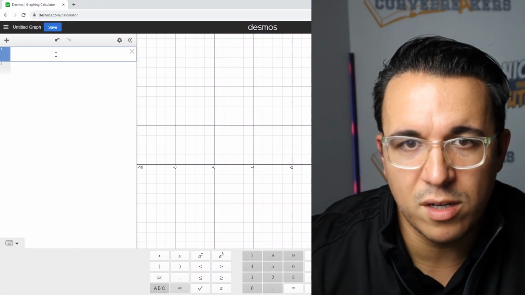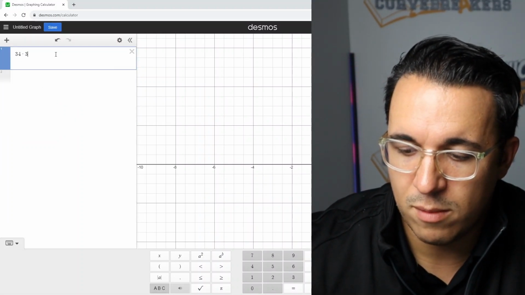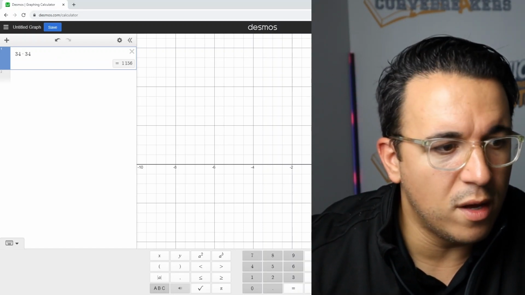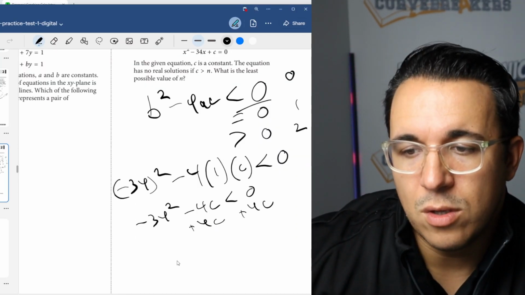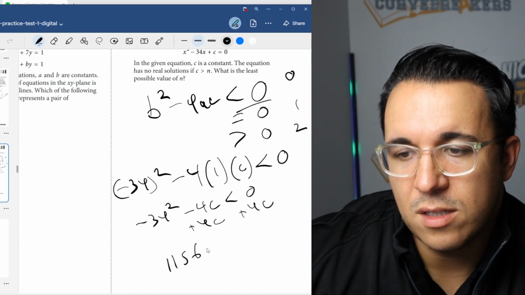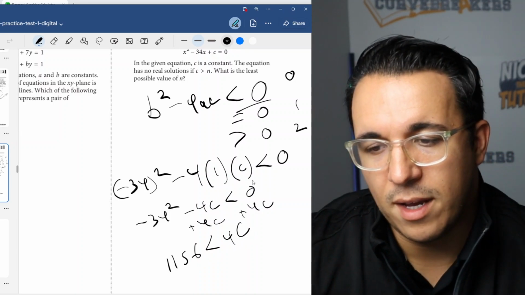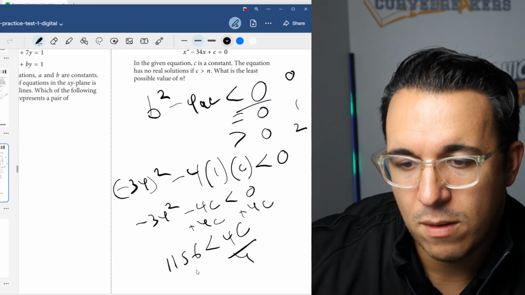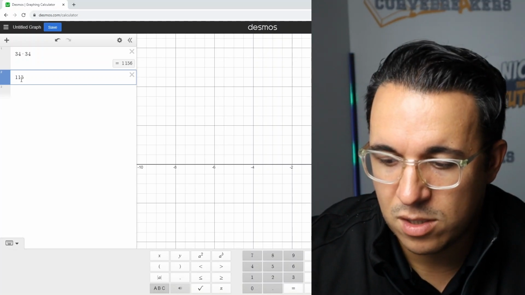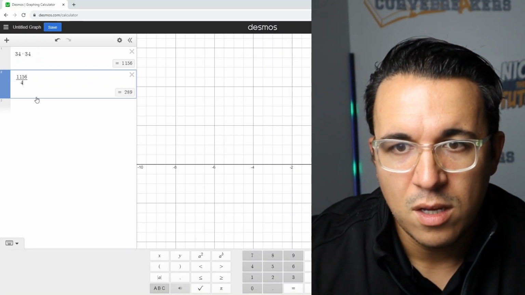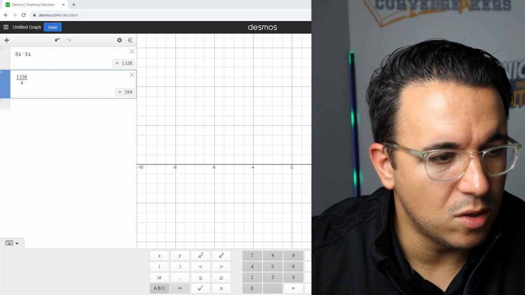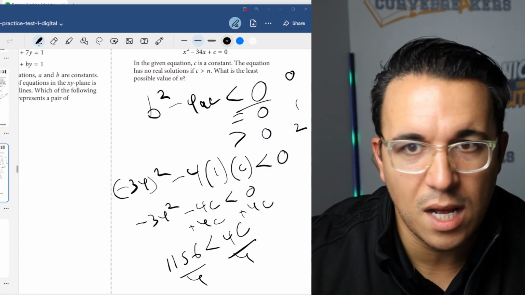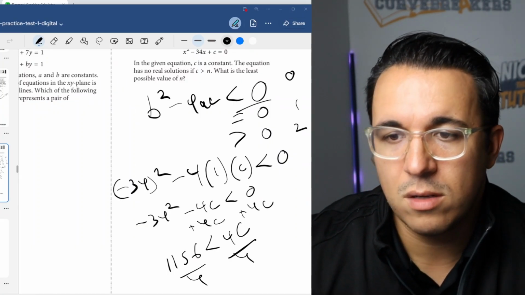Negative 34 squared is going to be positive, so it's going to be 34 times 34, which is 1156. So 1156 is less than 4c. Now I've got to divide by 4. 1156 divided by 4 is 289. So I'm going to go with 289, correct answer.